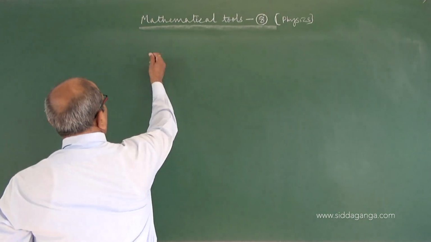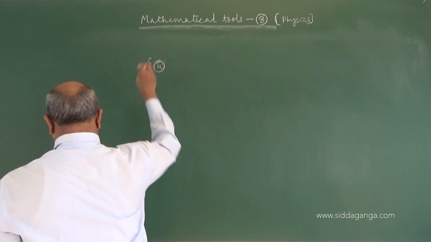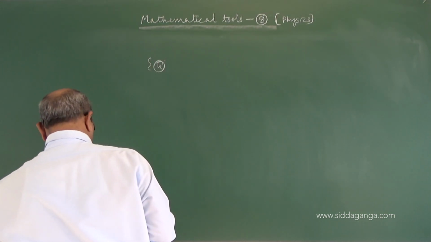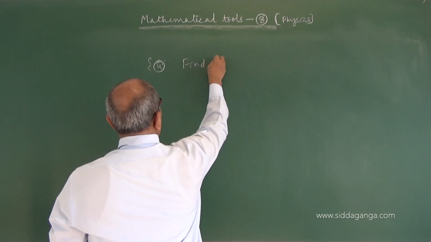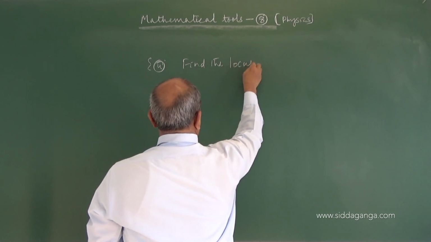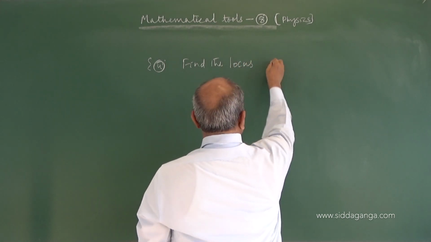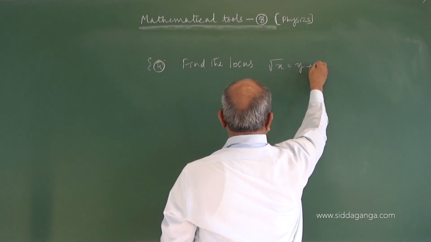So next, example 4. Take the locus of the particle. Find the locus for root x is equal to y plus 2.